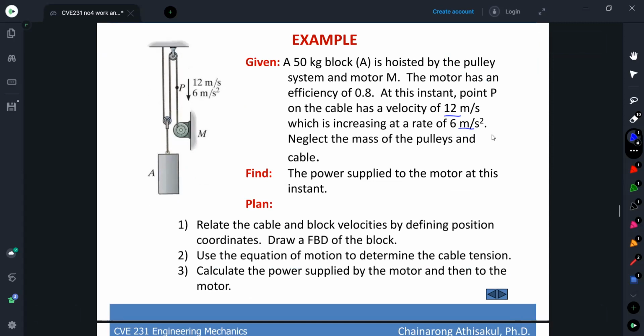So this value is the acceleration of point P. We will not consider the mass of the pulley and the cable. We would like to find the power supplied to the motor at this instant.